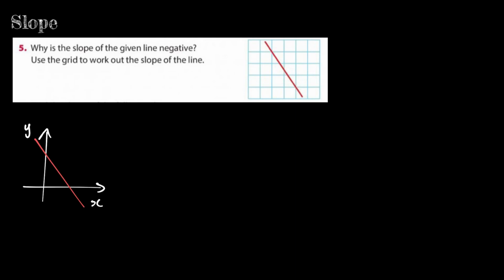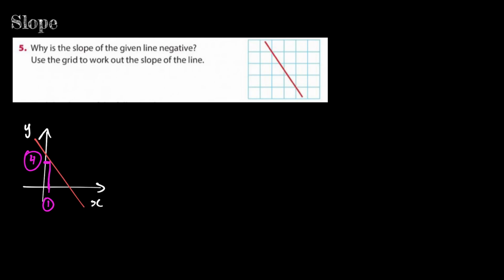And the reason why this is negative is because as your x values get bigger, we'll start off with a small x value. So a small x value gives us a corresponding y value of, we'll say here. Let's just say the x value is 1, for argument's sake. We'll say that gives us a y value of, we'll just make up these numbers, 4.